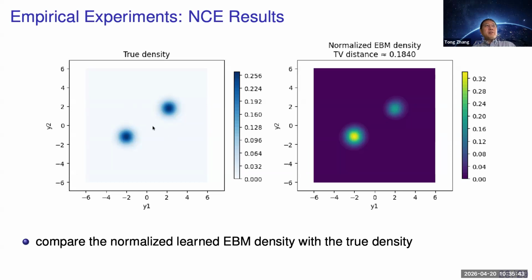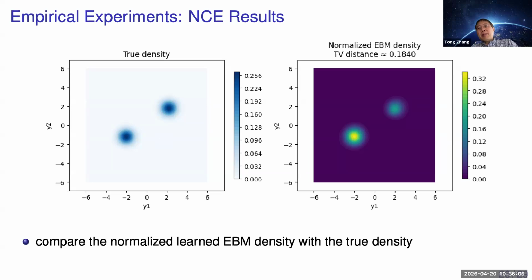If you go everywhere else, the distinguisher has to be from the Q, the proposal density, the noise density. So it's not that great, and therefore the signal becomes not that much. This is what you see here, it's not perfect. And this is similar to the issue of GAN.